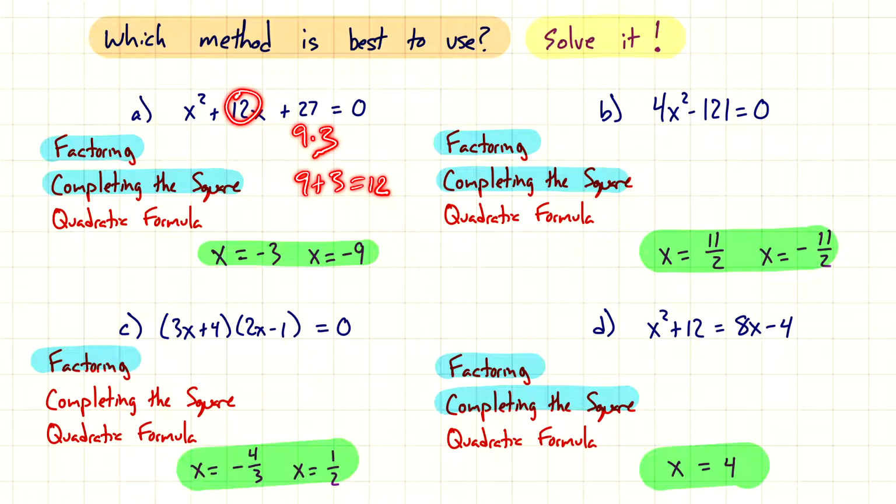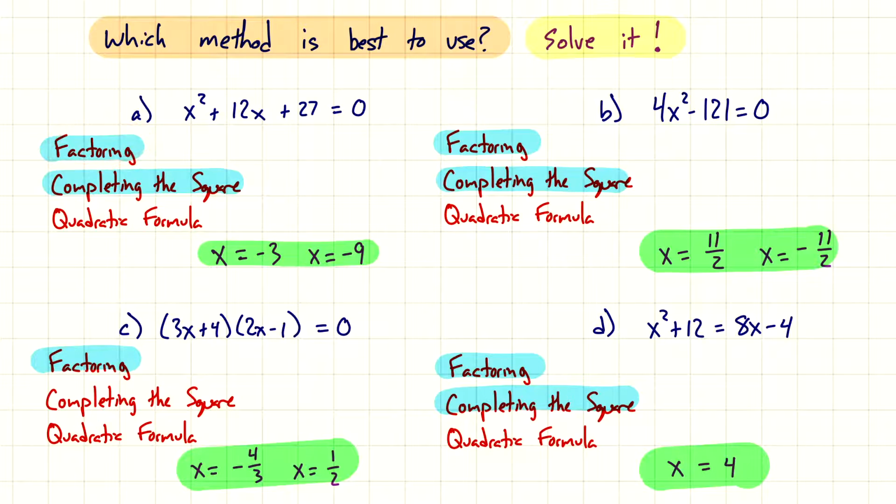So in my head, I'm kind of doing what we normally do with the x. I'm not quite working it all out in my head, but I'm thinking, well, it might factor, the numbers seem to be right, so then I might choose factoring.